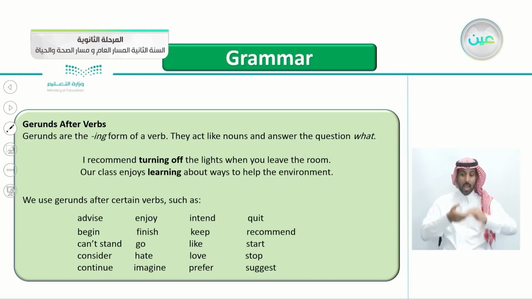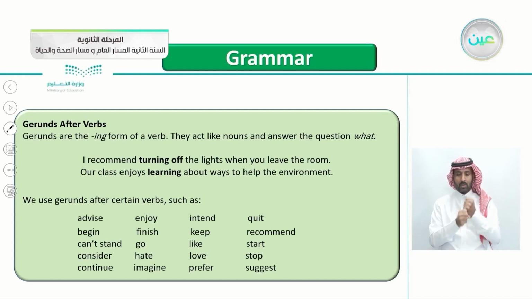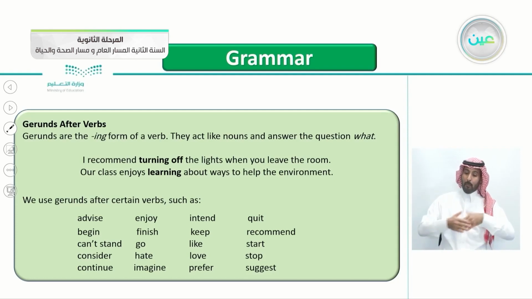So we can use gerunds after certain verbs such as, and all of these are just examples and not the whole list: advise, begin, can't stand, consider, continue, enjoy, finish, go, hate, imagine, intend, keep, like, love, prefer, quit, recommend, start, stop, and suggest. So all of these verbs come before the gerund. You can say I enjoy playing, I intend going, I quit smoking, and so on.